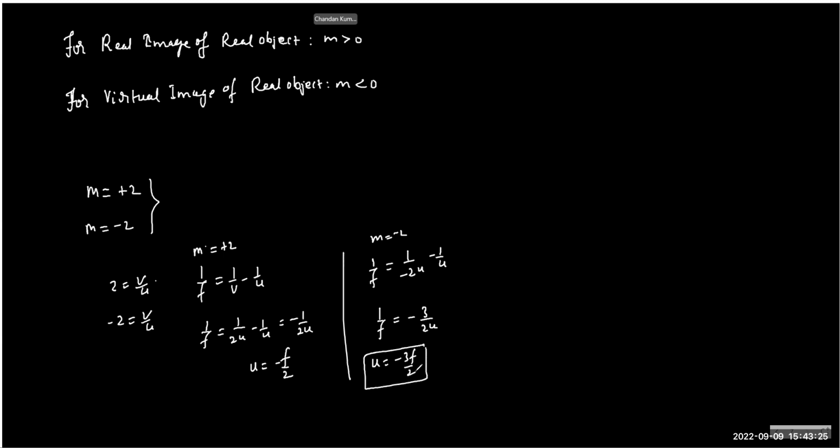So it is between f and 2f, isn't it? If you put the object between f dash and 2f dash, in a more correct way, then again the size is double, but it is real. So this is the real image of a real object, and the earlier one is the virtual image of a real object.